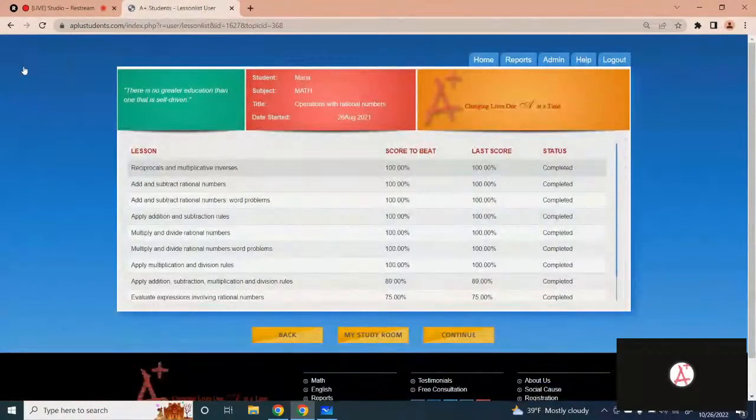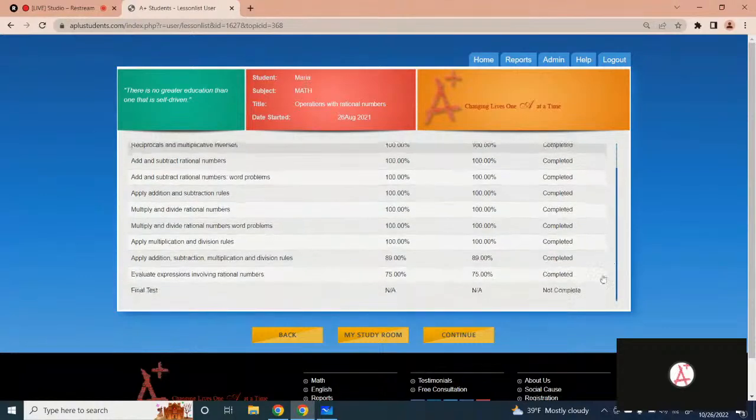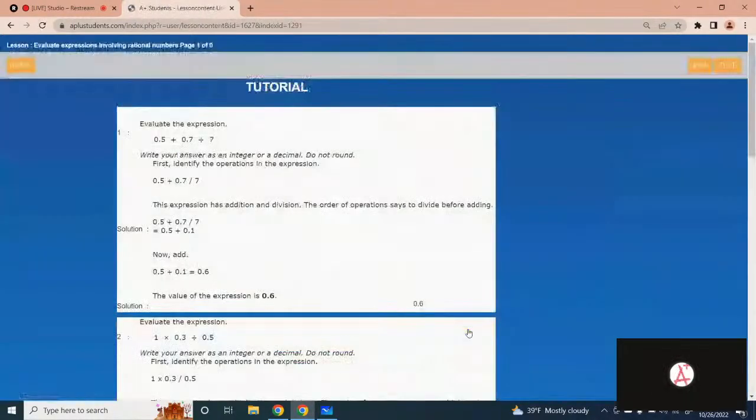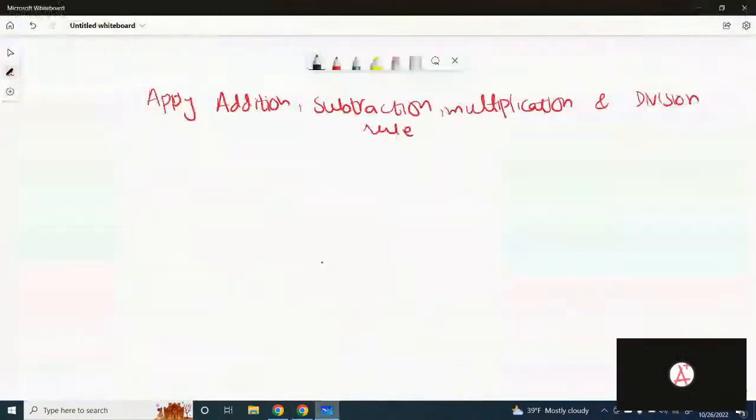Got it? Okay, the next topic is evaluate expressions including rational numbers. Last topic from the chapter, evaluate. Let me write down the lesson name on the board.